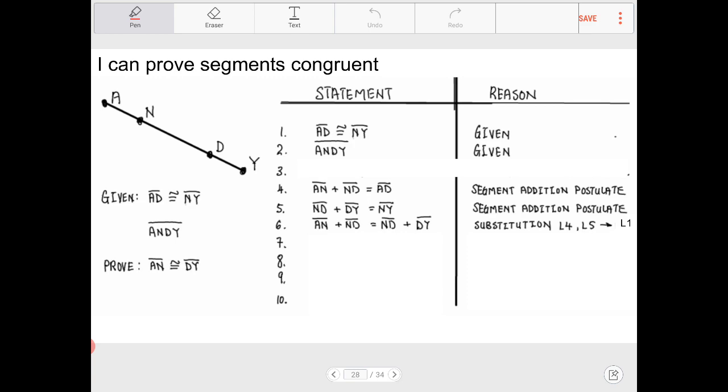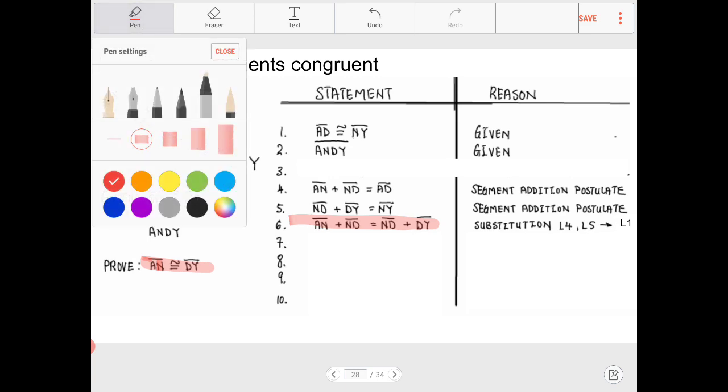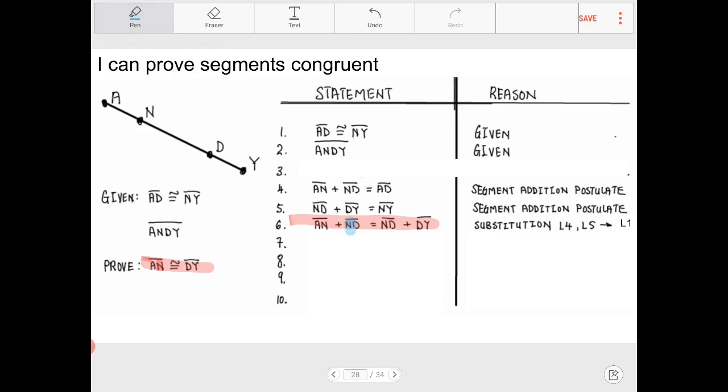And I'm almost in the clear. If you look at this, line 6 here is written like an equation. My objective is to show that AN is congruent to DY. And if you notice now, I'm going to use another highlighter color here, that ND is on both sides of the equation. What are we going to do to get rid of this? Well, we're going to say ND is congruent to itself, and that's because of reflexive. And then we're going to perform a subtraction.